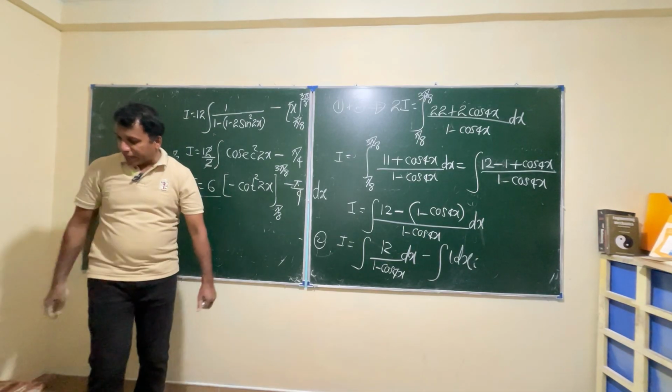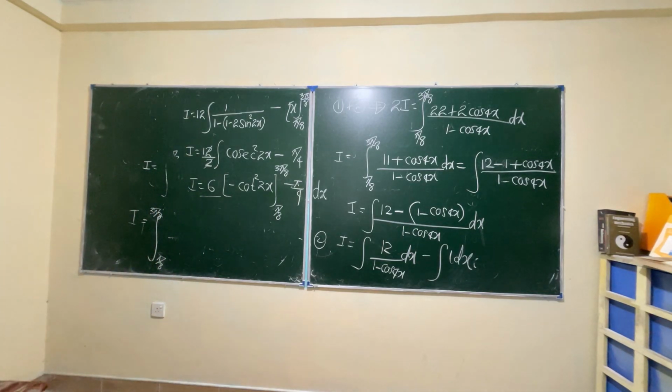Cot x differentiation is minus cosec square x. On that pattern, the answer is that, and simplify, get the answer cot 2x. Yes, this pattern.